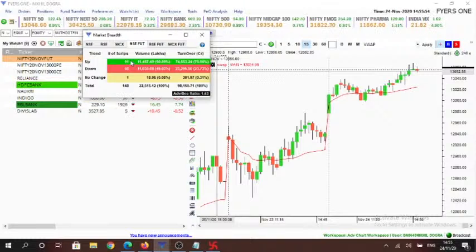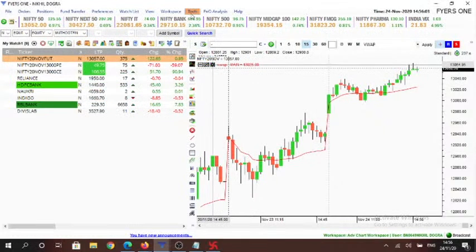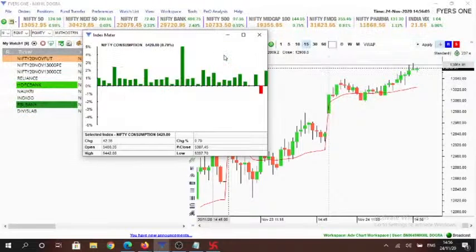Futures 91 are up out of 148, which is okay. India VIX is the highest percentage gainer today.